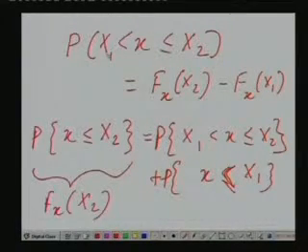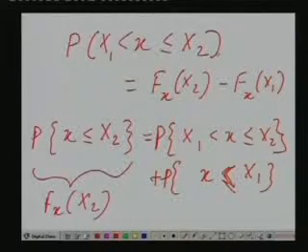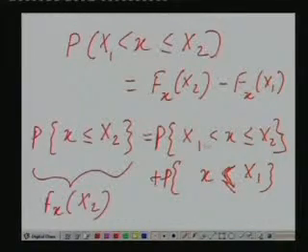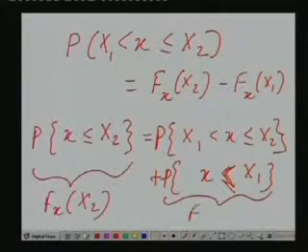X is greater than x1, but less than equal to x2. Then this formula will be valid actually. For that, first I consider this set x less than equal to x2. This you can decompose like this: x greater than x1, less than equal to x2, and x less than equal to x1. These are mutually disjoint. So, the probability of this is equal to the probability of this plus the probability of this, right? But this is equal to f x of x2, and this one is equal to f x of x1.